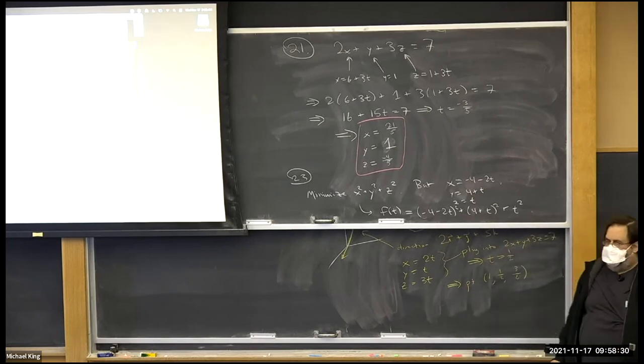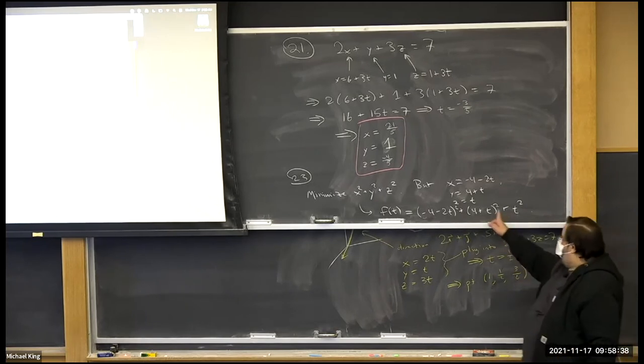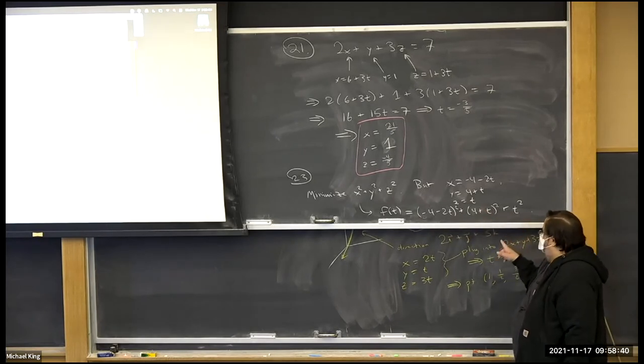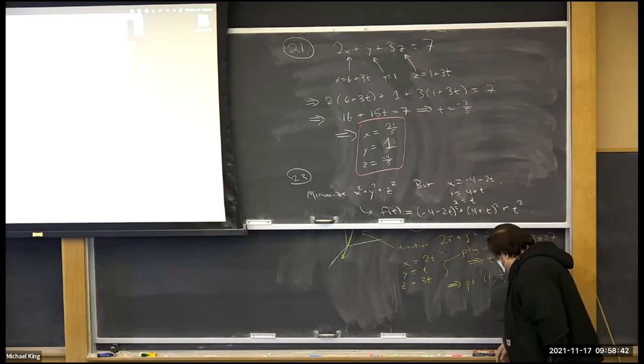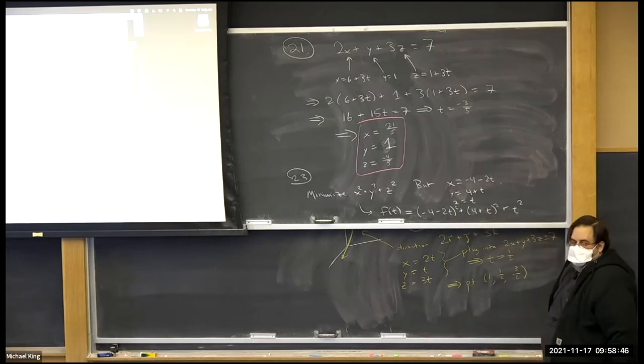Did it work out? Did people get answers? Was t equal to 0? No? I mean, you got to differentiate this, set the derivative of this equal to 0. I guess there's some chain rule stuff. T equals -2. And then what point?